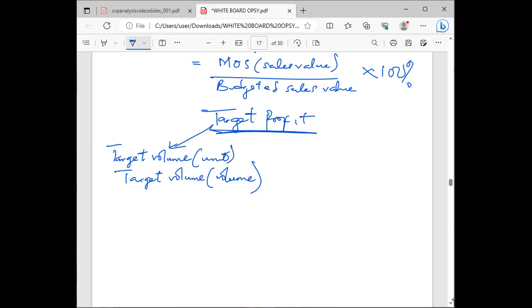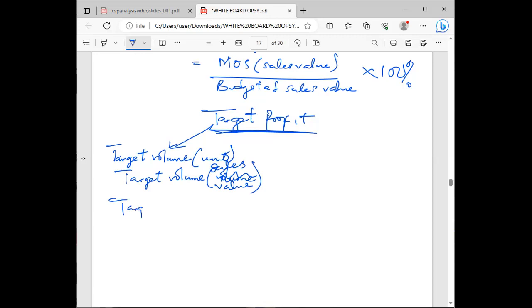What they are trying to tell you to calculate is target volume. Target volume in units is the number of units we must sell to achieve that target profit. Target volume in sales value means how much sales we must make in order to achieve the target profit.